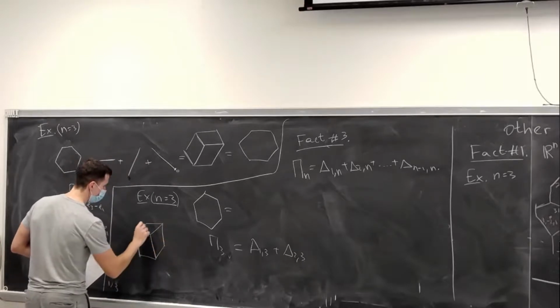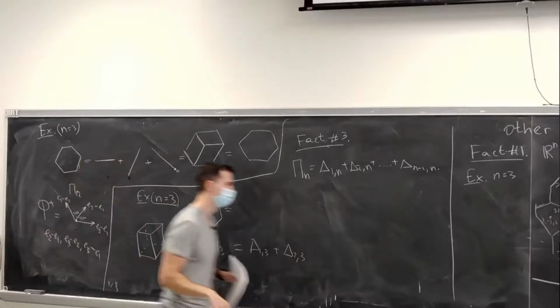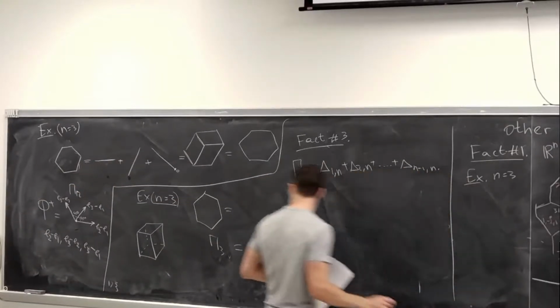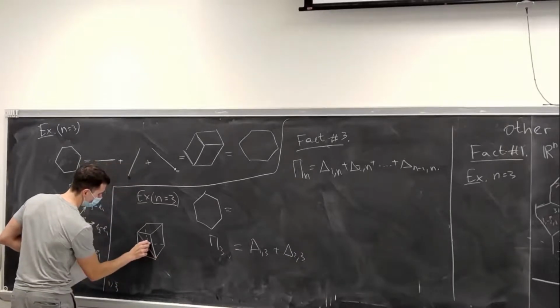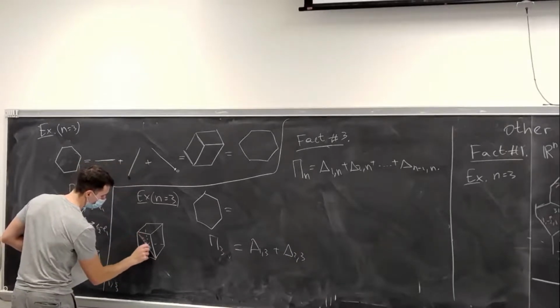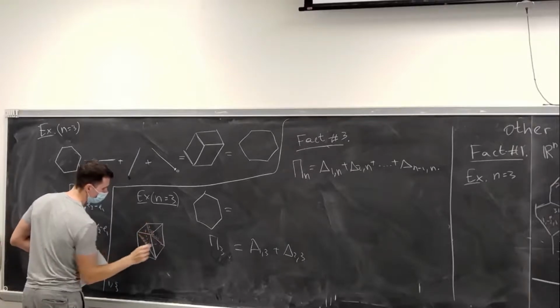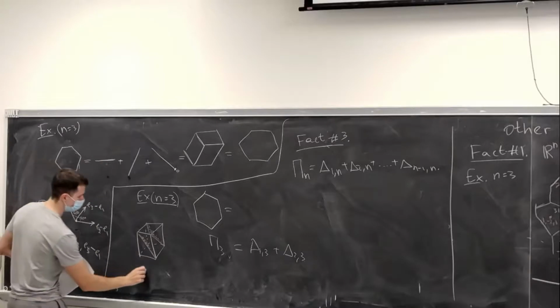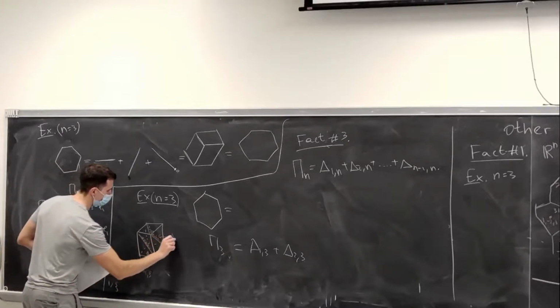I'm sure it's a right triangle because, okay, so the picture is each hypersimplex, as you remember, is a section of a cube. So this is delta 1,3, and this is delta 2,3.